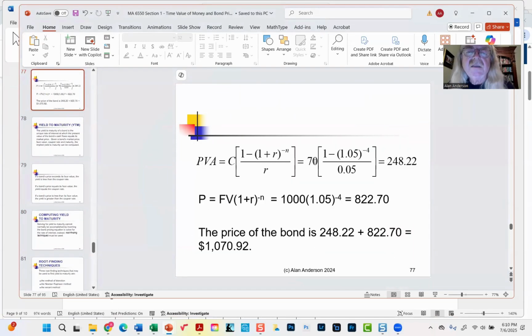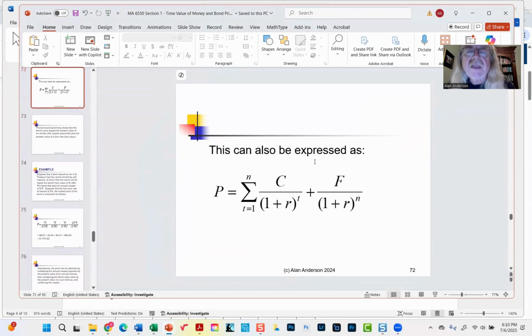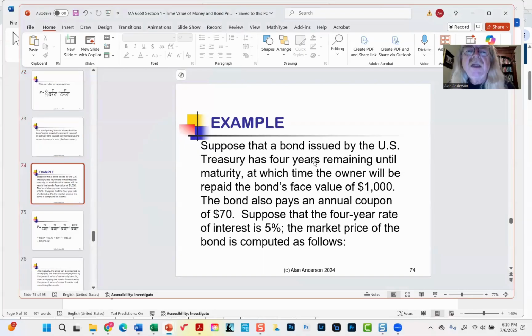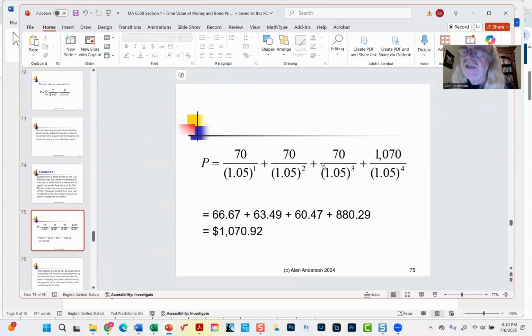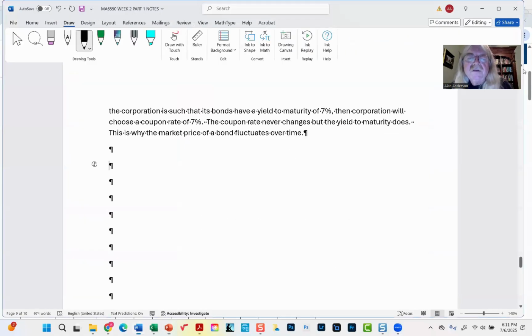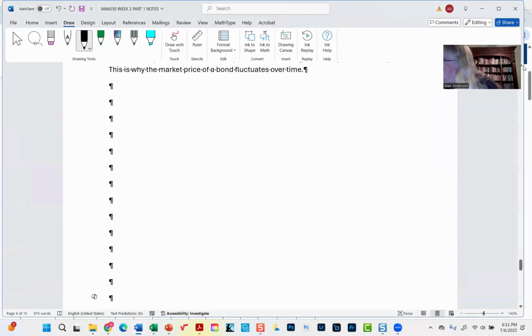I don't think I have an example of this right now, but if you wanted to know what would be the price if the yield was 6 or 8% or 3% or whatever, and you did it many, many times and plotted the relationship between the two, you'd end up with this special graph, which is known as the price yield curve.